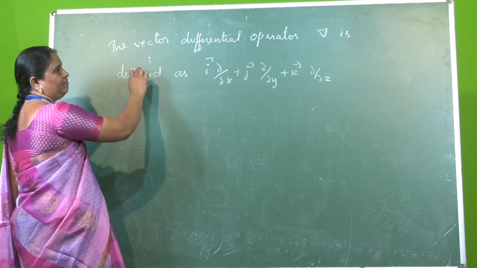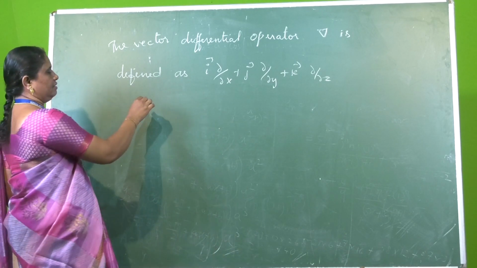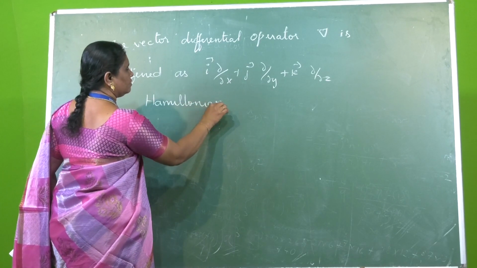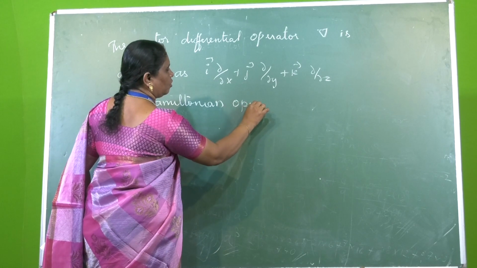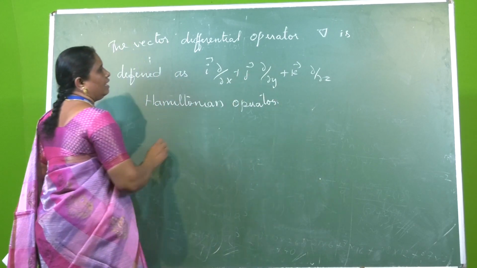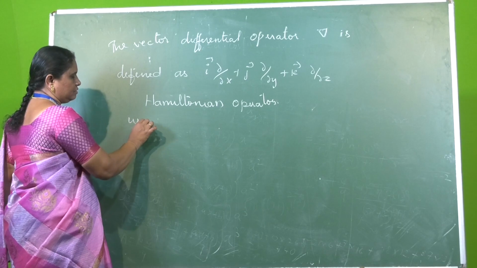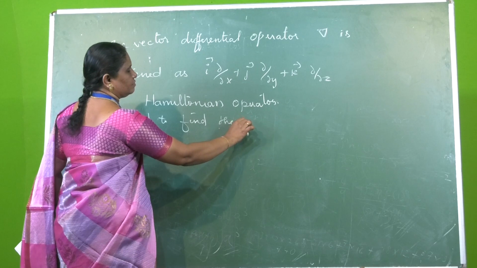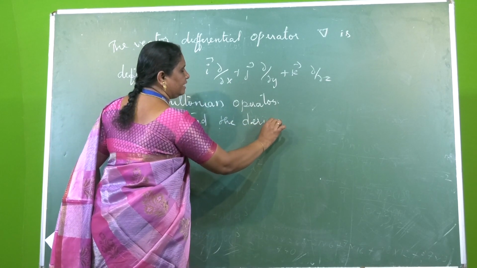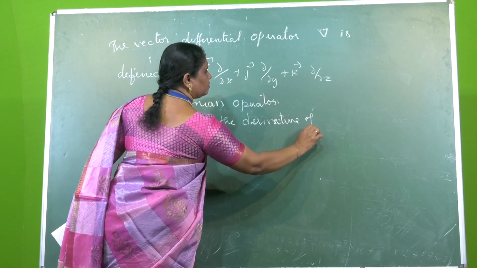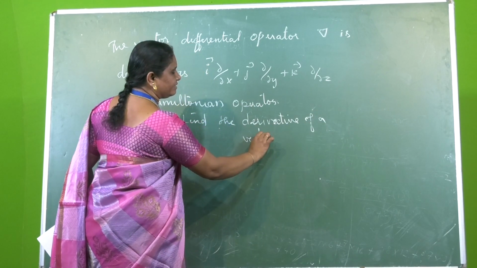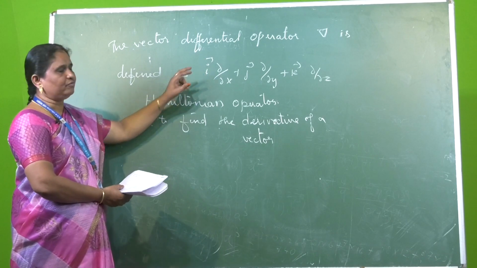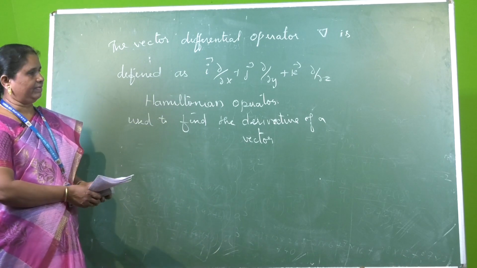So, this vector differential operator is also called the Hamiltonian operator. And this operator is used to find the derivative of a vector. If a vector is given, we can use operator del to find the derivative of the given vector.